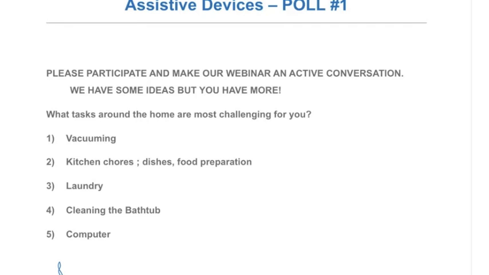Vacuuming, and then kitchen chores, dishes, food preparation were tied for second place with 13% each. I'm going to share these poll results with everybody here so you can see them yourself. So really it looks like cleaning the bathtub is far and away the most challenging, followed by vacuuming and kitchen chores. Okay, thank you very much for that.